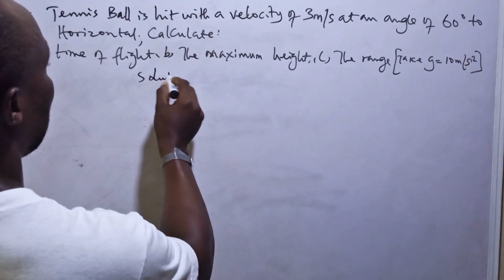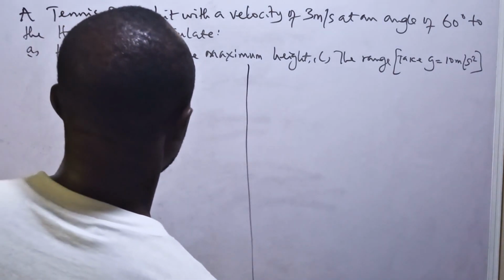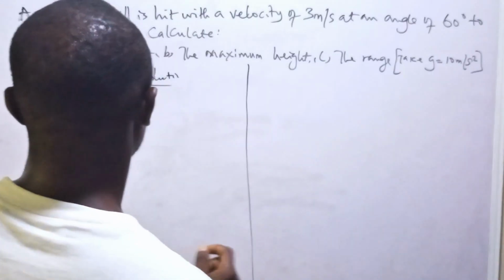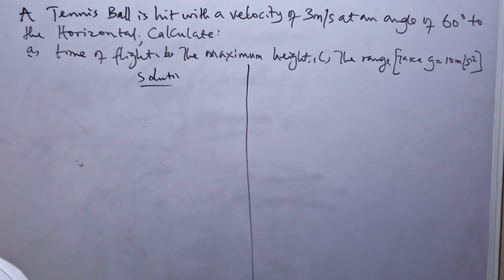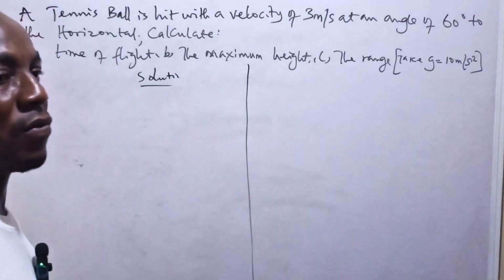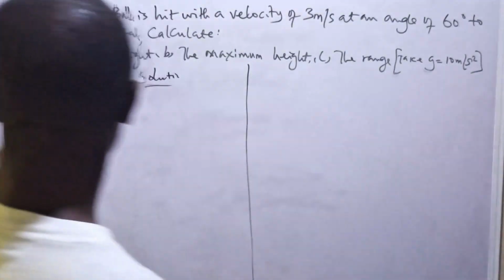Now, solution. Like I will always say to my students, whenever problems are given, especially in physics, you try to write out the parameters that are given that will enable you to solve the problem. And by that, you also know the formula to use to make it easier and faster for you.